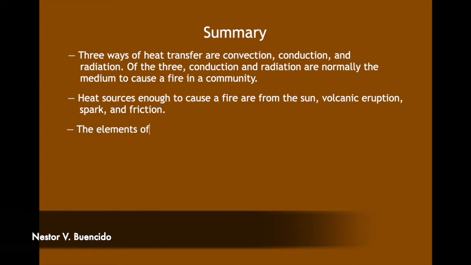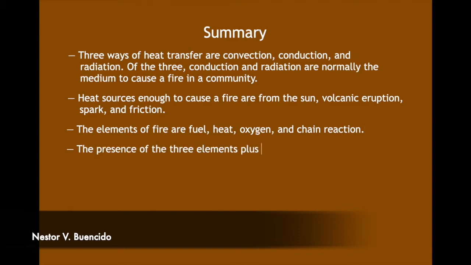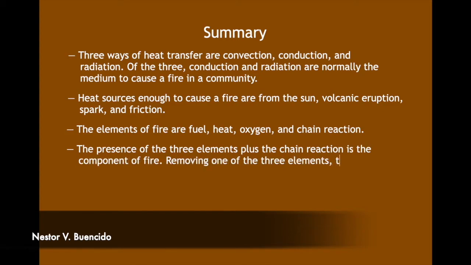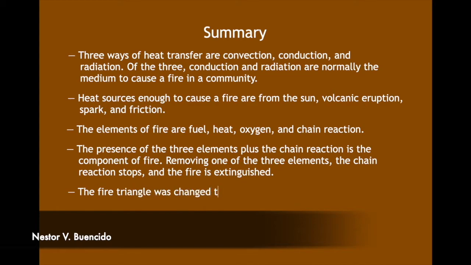The elements of fire are fuel, heat, oxygen, and chain reaction. The presence of the three elements plus the chain reaction is the component of fire. Removing one of the three elements, the chain reaction stops and the fire is extinguished. The fire triangle was changed to a fire tetrahedron to reflect the fourth element, the chain reaction.